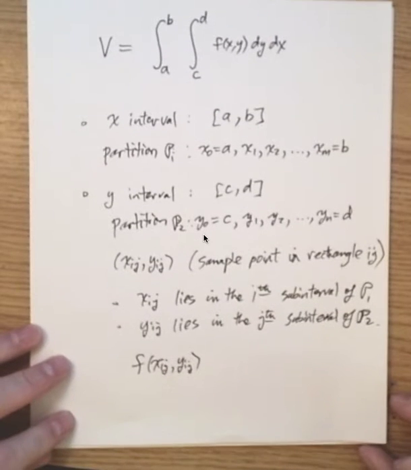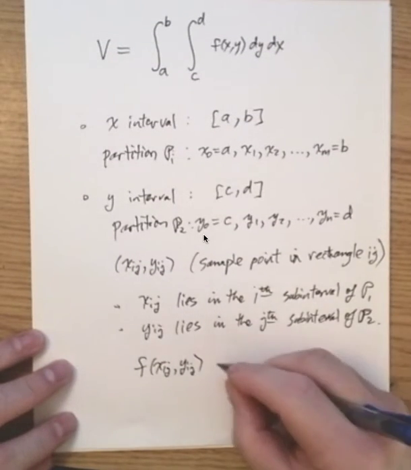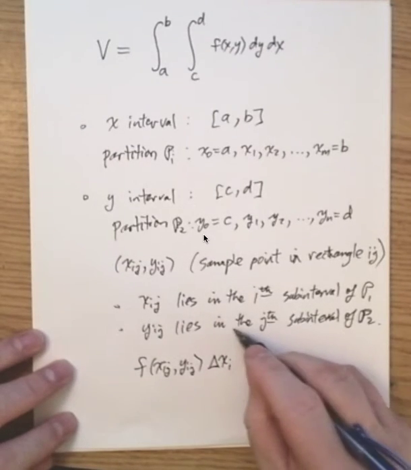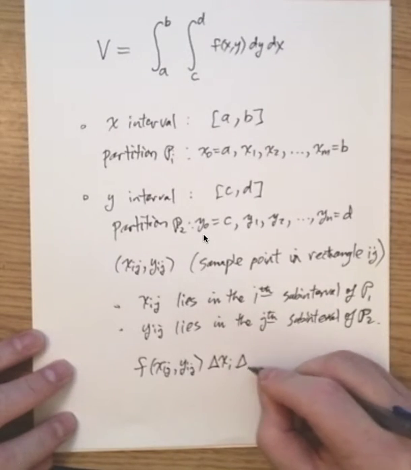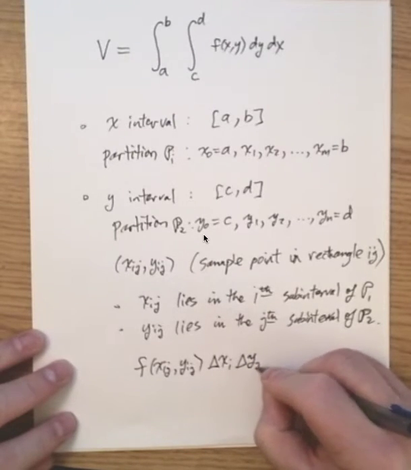The length of the ith subinterval I'll call delta x sub i. The length of that r sub ij interval I will call delta y sub j.